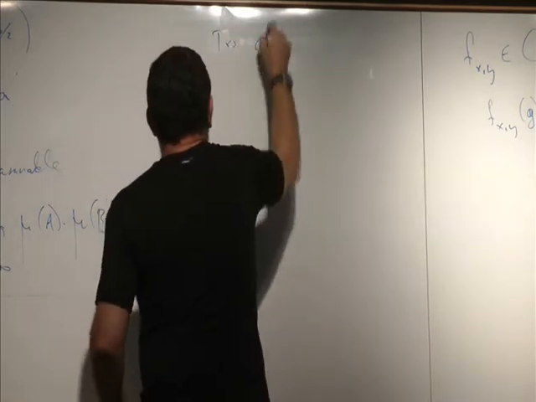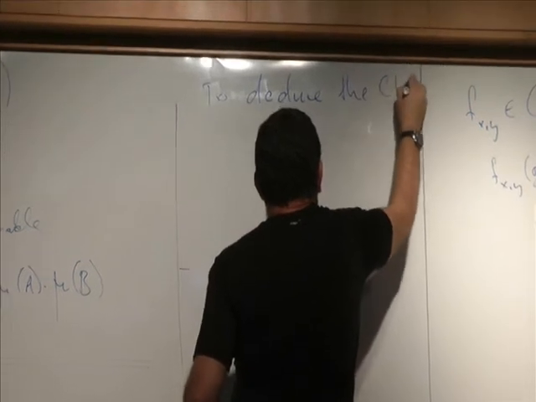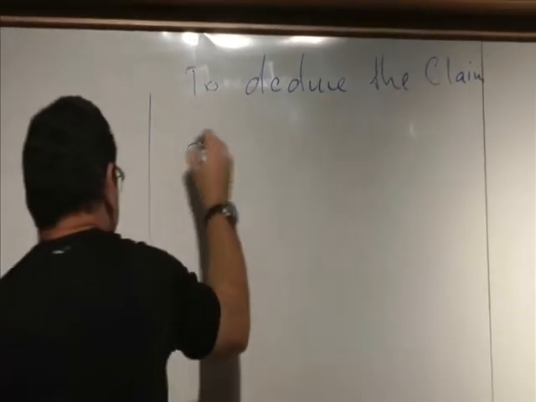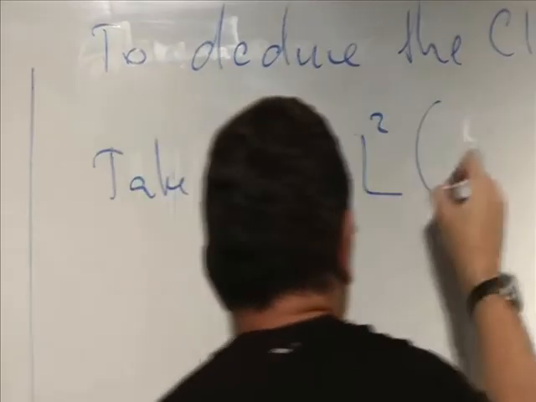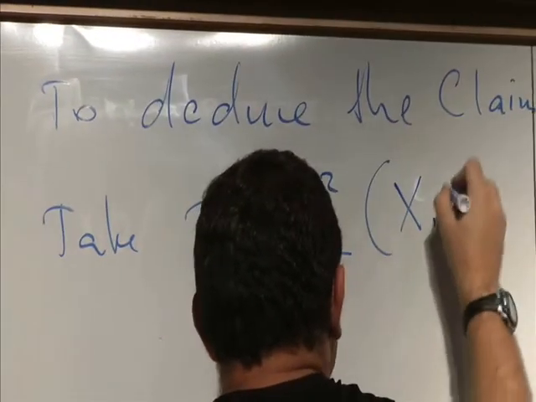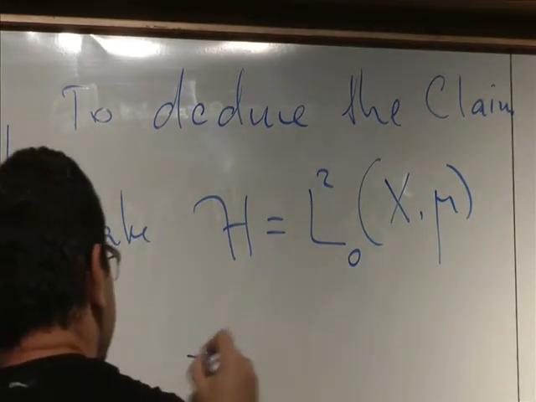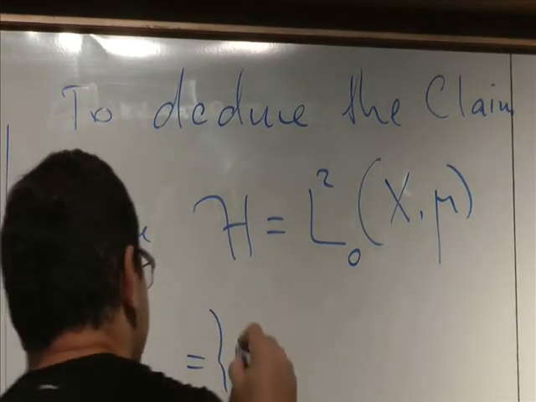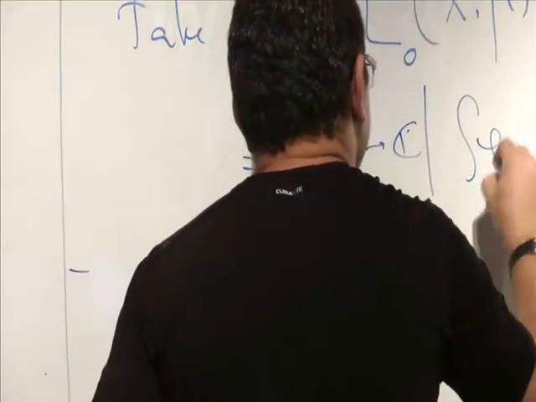To deduce the claim, take the unitary representation being L2 of X, mu, but L2_0: the orthogonal complement of constant functions, the space of all those functions of which the integral is 0.